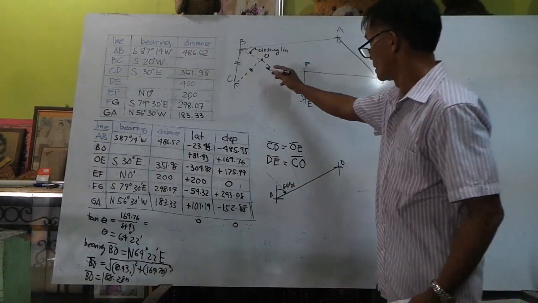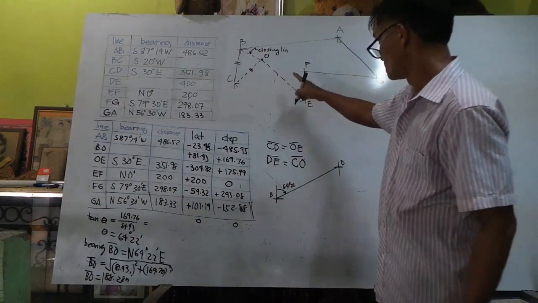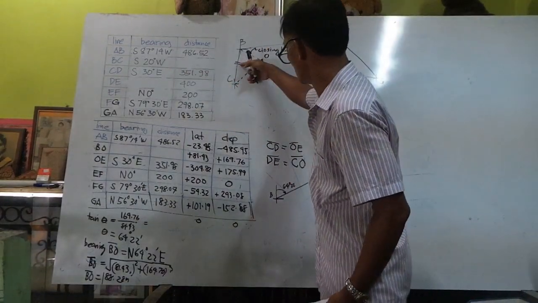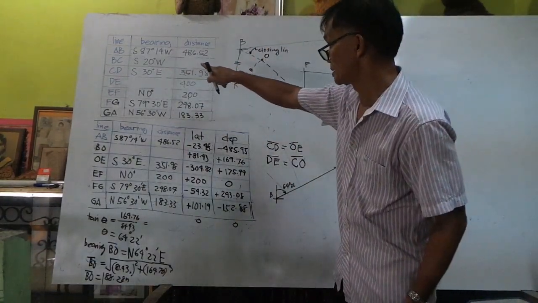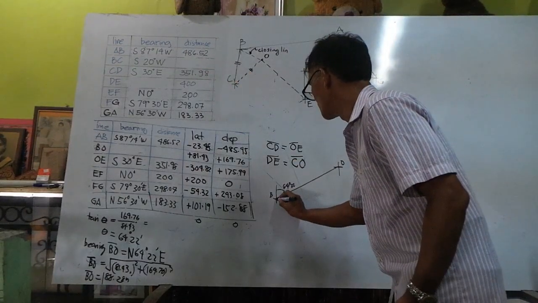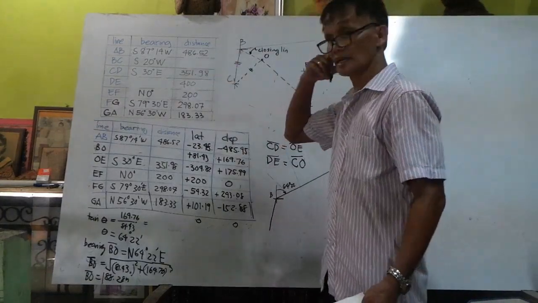Another bearing that we have is the bearing of BC. BC is 20 degrees southwest, but we do not know the distance.